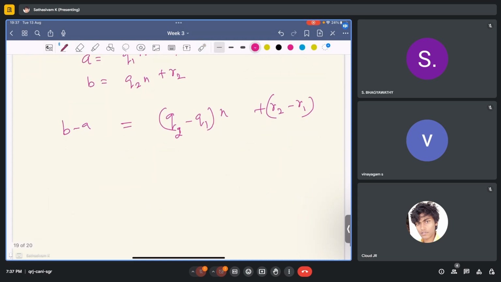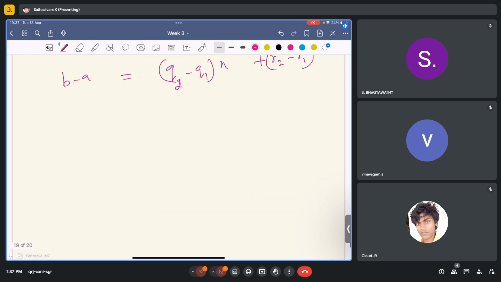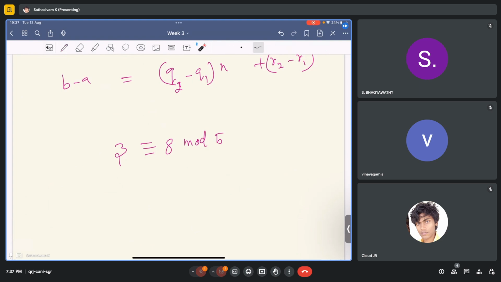For example, let's take mod 5, and let's say we take 3. What are the numbers that are congruent to 3 mod 5? 8 is congruent to 3 mod 5, because 8 and 3 leave the same remainder when you divide.